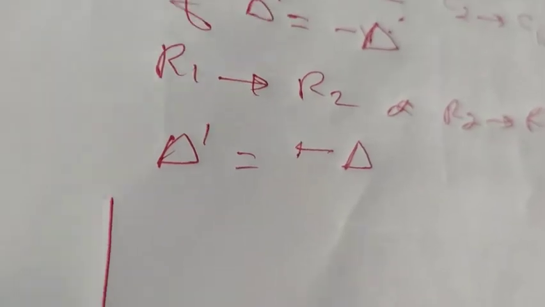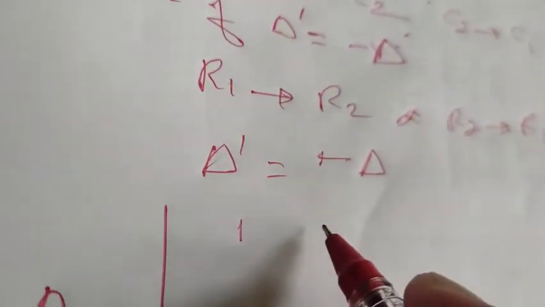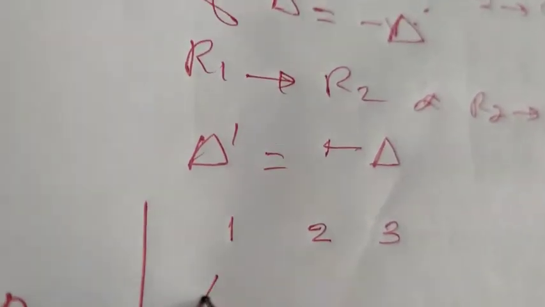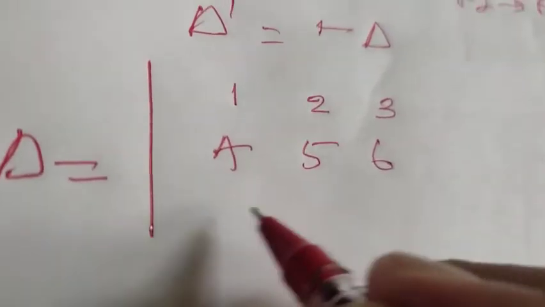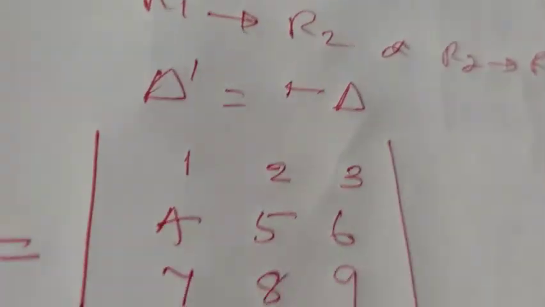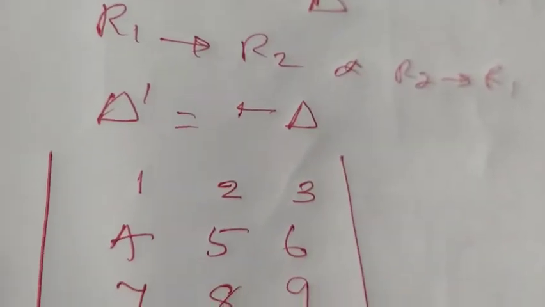Thus we can see, if delta is equal to 1, 2, 3, 4, 5, 6, 7, 8, 9, then delta dash is another determinant we are taking like this.